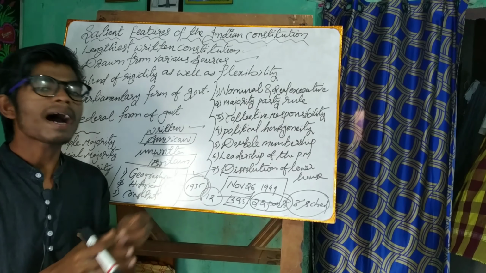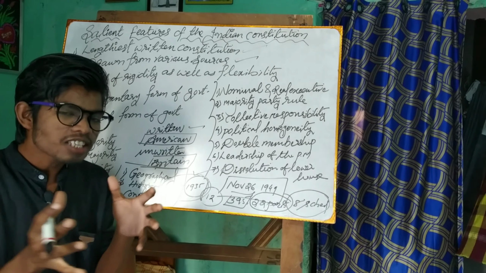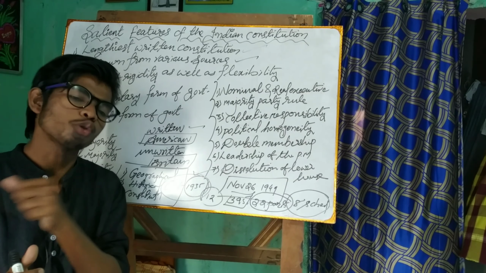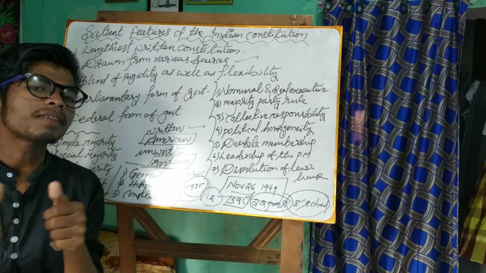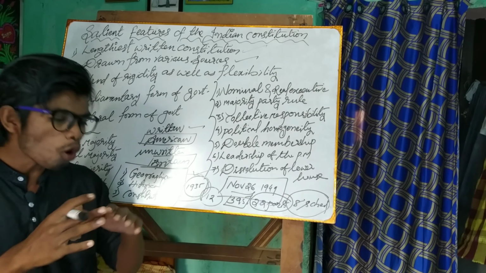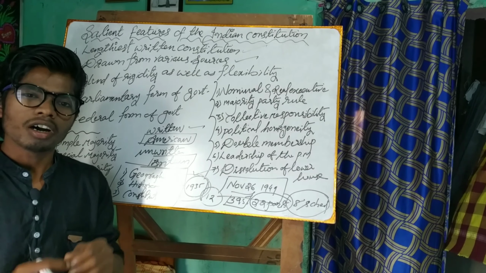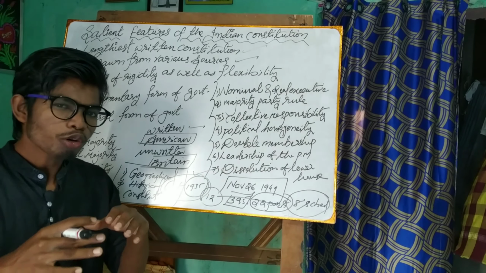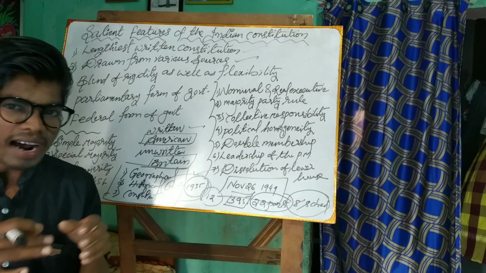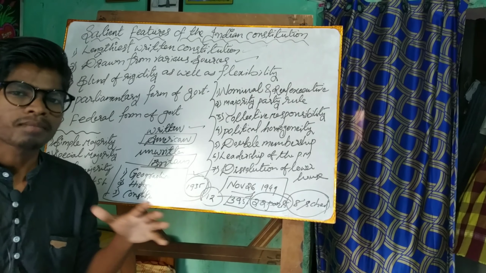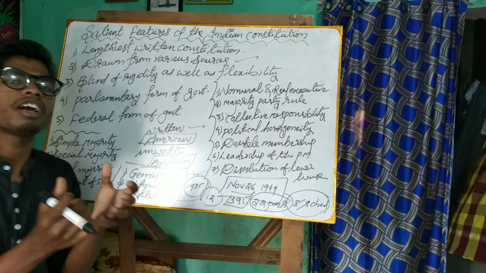And in this way, various other provisions of the Constitution have been derived from almost every country of the world, including Germany, Australia, and the USSR, which is now Russia. These are the various countries from which the Indian Constitution has borrowed its features.